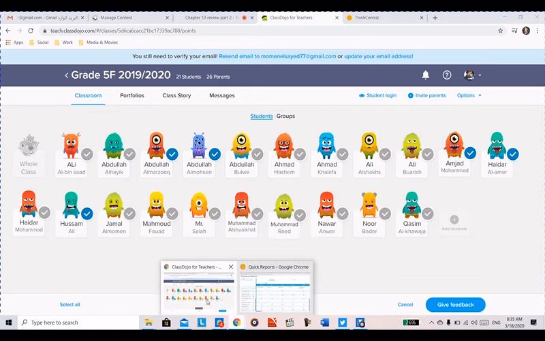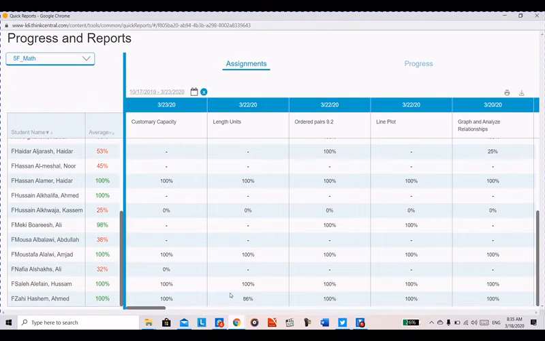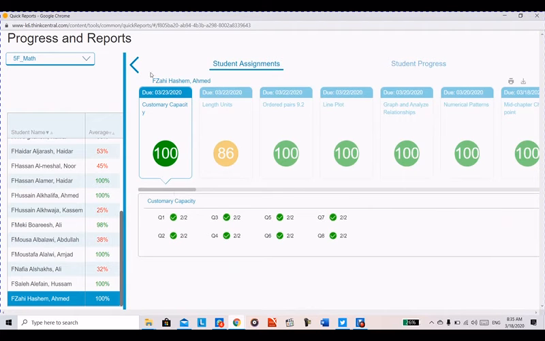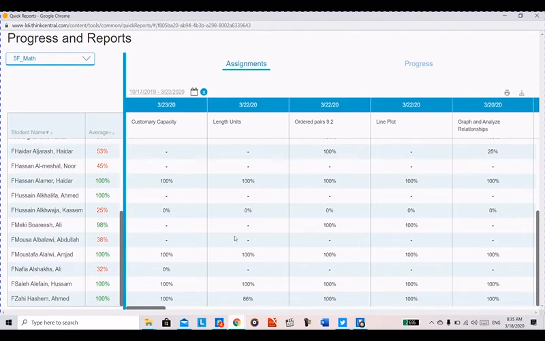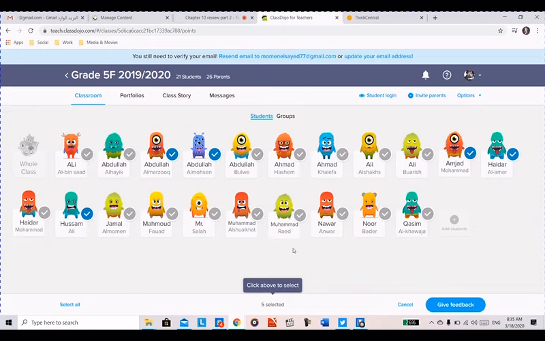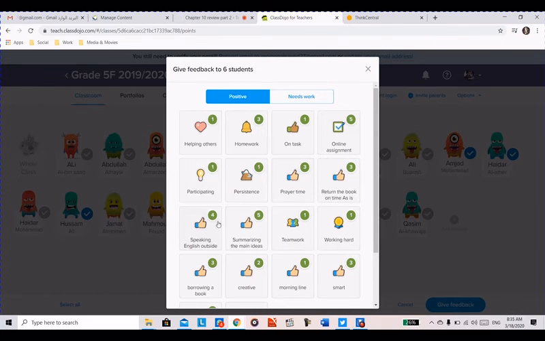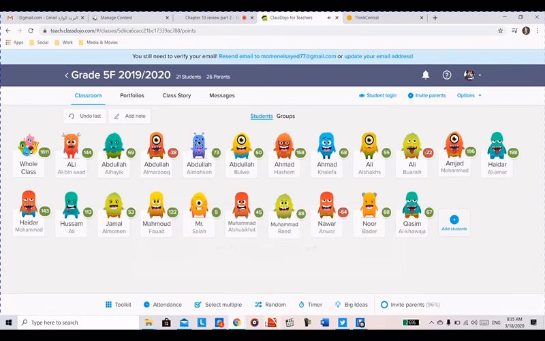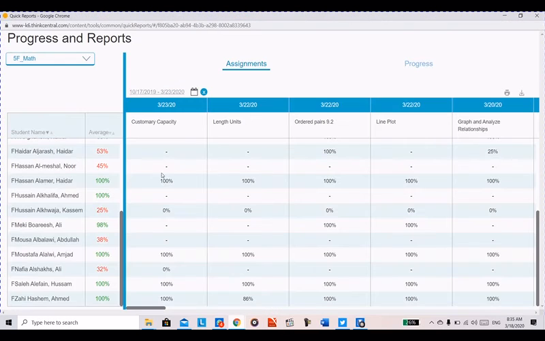And then we have here Ahmad Hashim. Thank you, guys. Good job. Yes, let's give him points for online assignments. Okay, let's move to 5G.